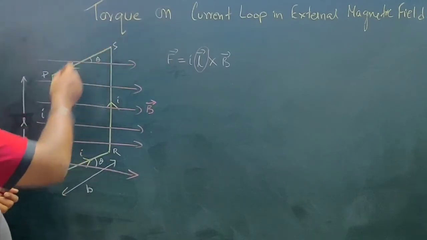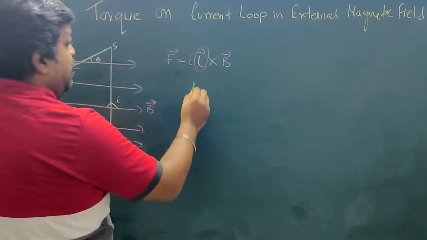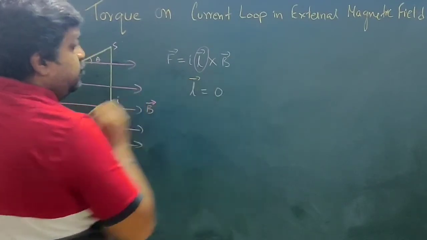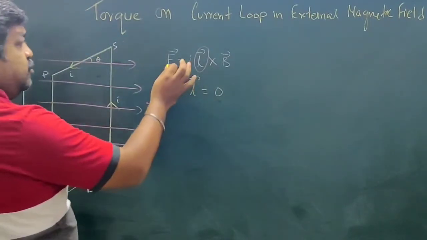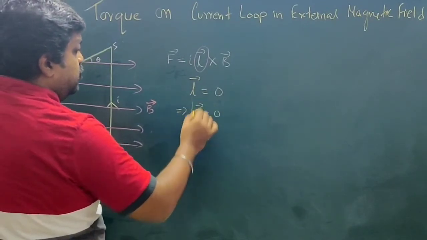Since this is a closed loop, the value of L is going to be 0. Since L is equal to 0, this implies the force is also 0.